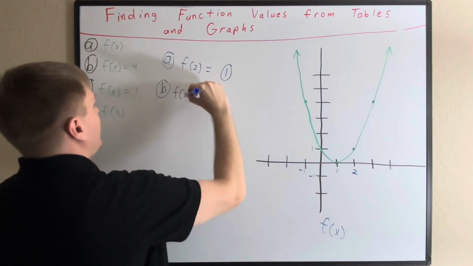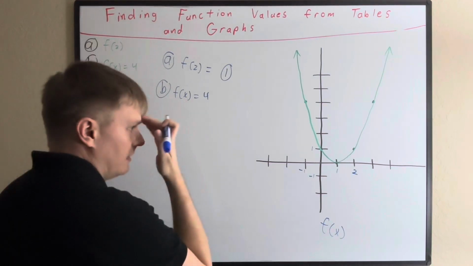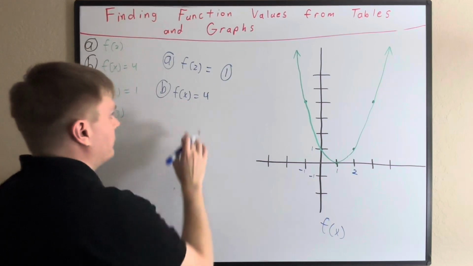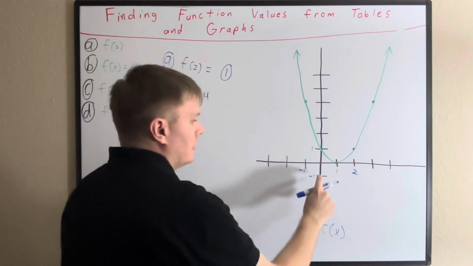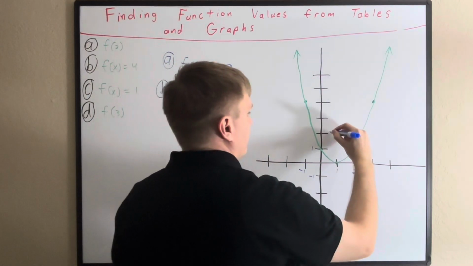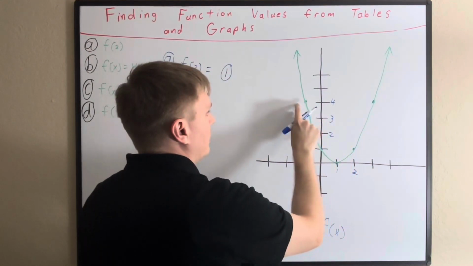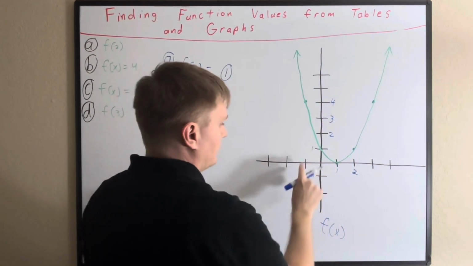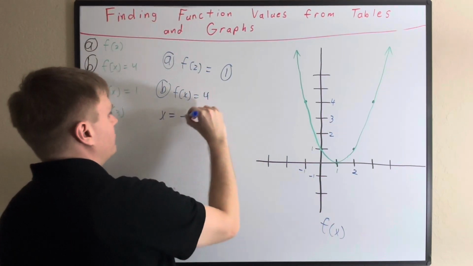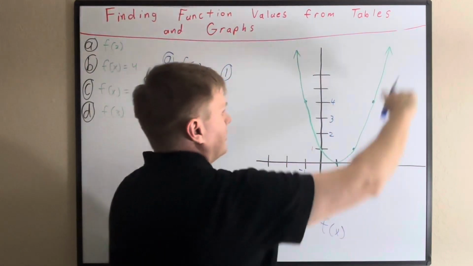All right, part B. Now they tell us f of x equals 4. Okay, so if they're saying f of x equals 4, then they're looking for x, right? Because they didn't give us x. So they're saying the output is 4. So with output, you need to look at the vertical line. There's 4 right there. So what's our input? -1? Yes, x equals -1. That's one answer, but we have another answer here because this is a parabola.